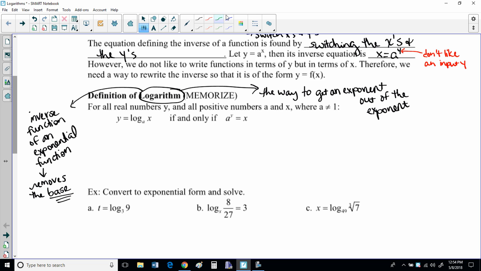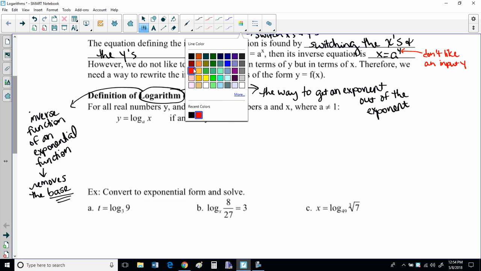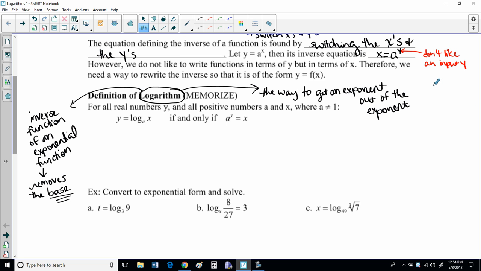Okay, so this is something that students get confused because they go, well, wait a minute, I know that in GERMDOS, what does this say right here?